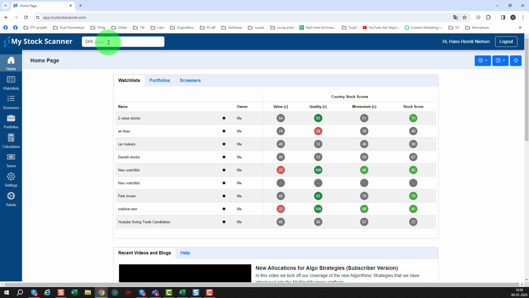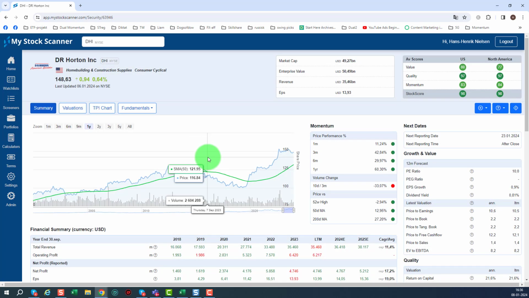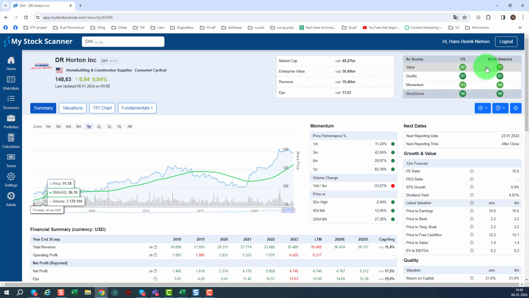As you know, we have a lot of screens in here. But let me just give you an example of when I'm looking at a stock, what I'm looking at, how I am approaching it. First of all, we go into the main page here, and the first thing that springs to my eye is this magnificent green area up here. Of course, it's not always green. It is because this D.R. Horton here is a stock that has a very good value measured from our value score.